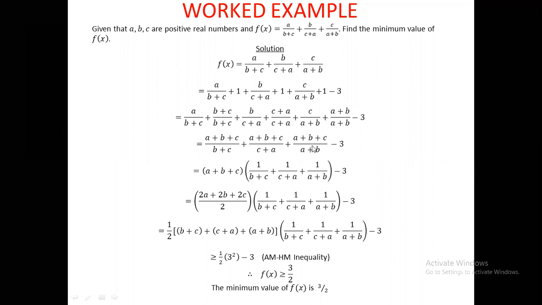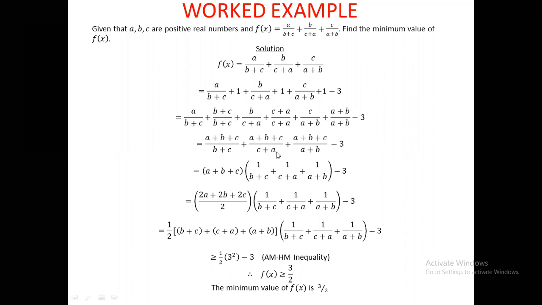Okay. So we see that the first 2 fractions simplify and become a plus b plus c divided by b plus c. The denominators are the same, so you can directly add the numerators. Now for the third and fourth fractions, the denominators are the same, c plus a, so we can directly add the numerators, and if you add them and rearrange them, you also have a plus b plus c divided by c plus a.